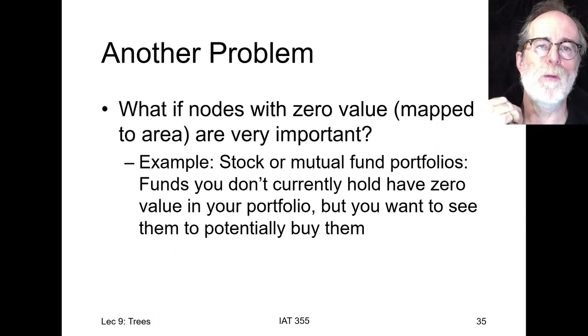where what you're doing in looking at the tree map is trying to understand how to make decisions of, say, allocation. For example, in stock or mutual fund portfolios, funds you do not currently hold have 0 value in your portfolio. And if you were to tree map those funds, they would occupy 0 space and nothing would be drawn.